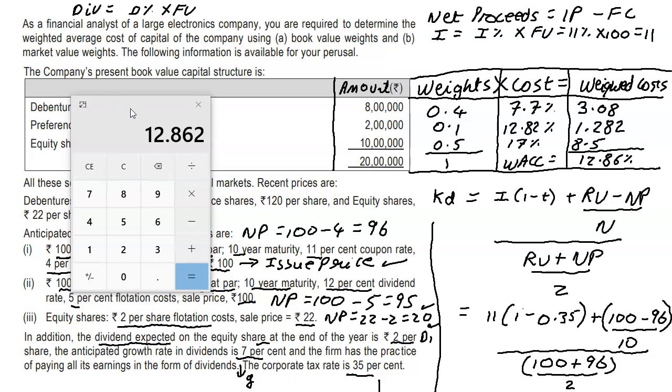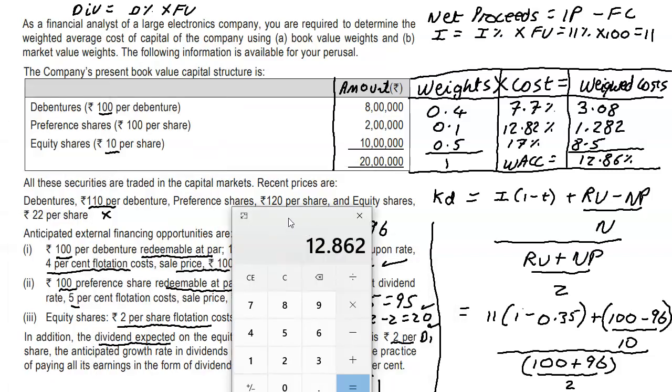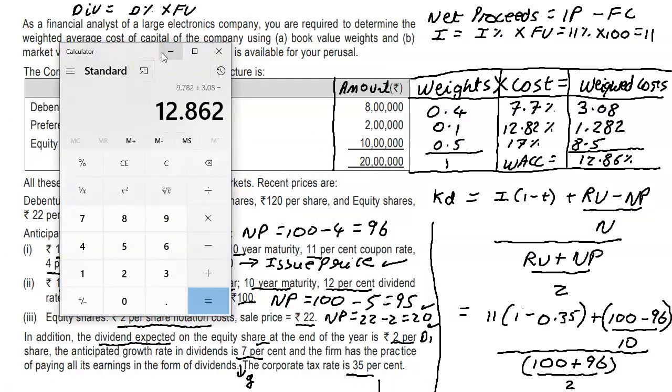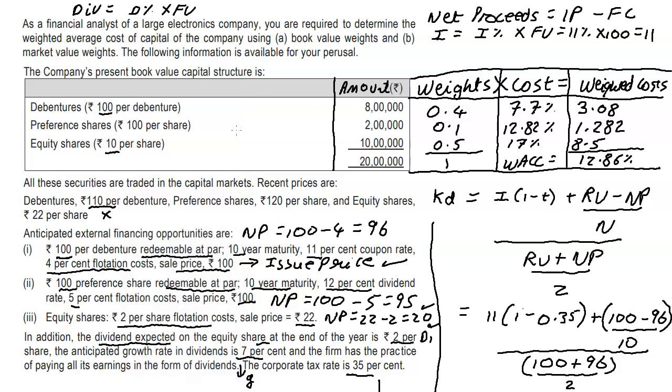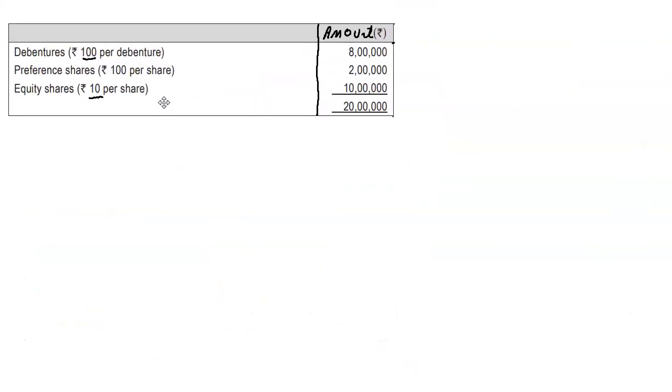Now that we are done with this portion of the question, the next part deals with market value weights. So I'm just going to take a part of what we have over here, because this is going to remain more or less the same. We are down here and we're going to rebuild this table and see how we incorporate market value weights.